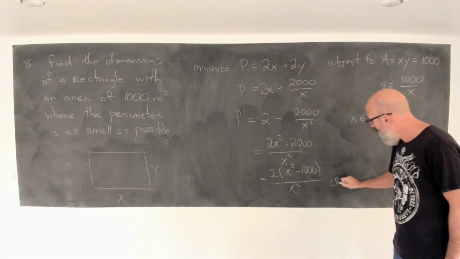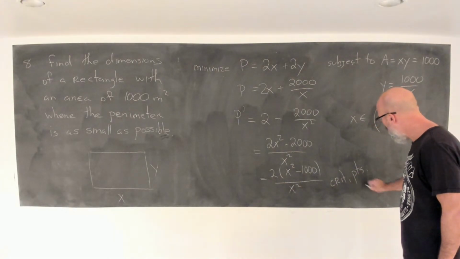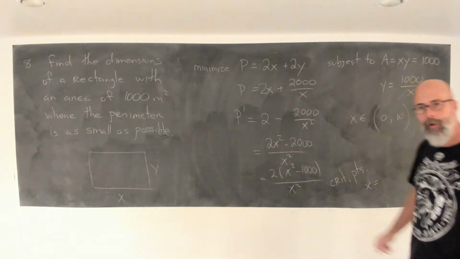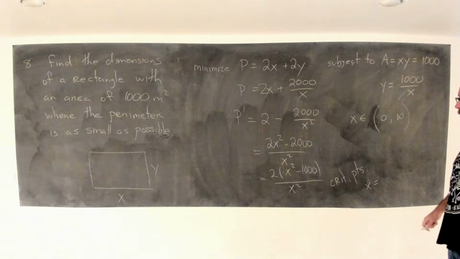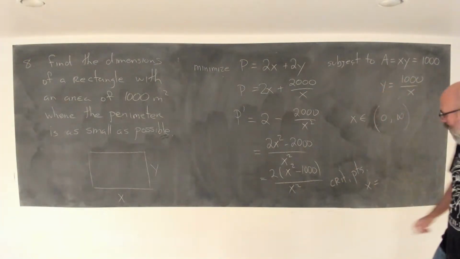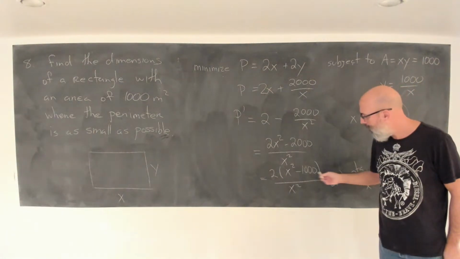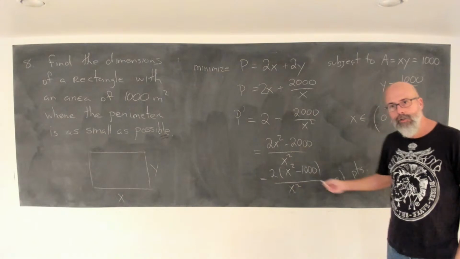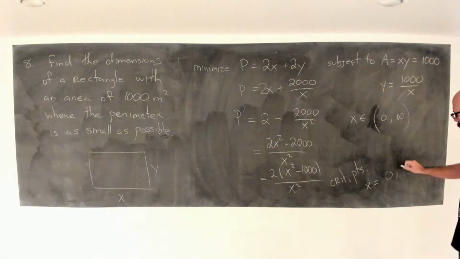And we see immediately what the critical points are. What are they? You tell me. Zero from the denominator and plus or minus root of 1,000, plus or minus 10 root 10.